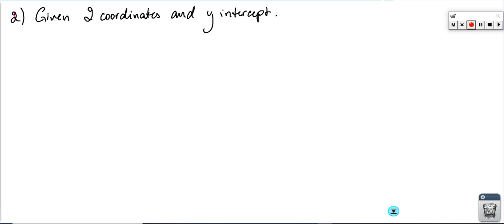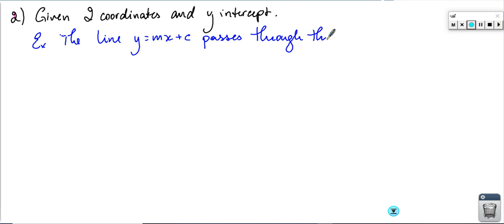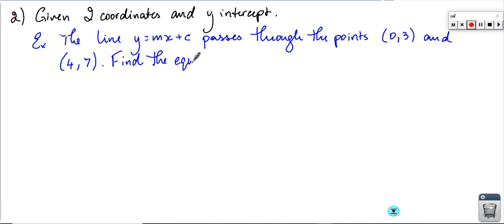For example, the line y equals mx plus c passes through the points 0,3 and 4,7. Find the equation of the line.